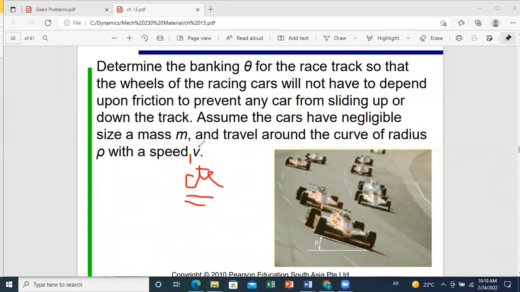Okay, constant V means no friction along this direction. And when they said it will not have to depend upon friction to prevent any car from sliding up or down, it means that there is no friction along the inclined line. Okay. Professor? Yes.